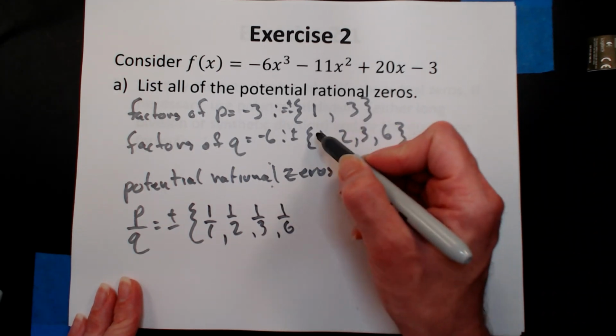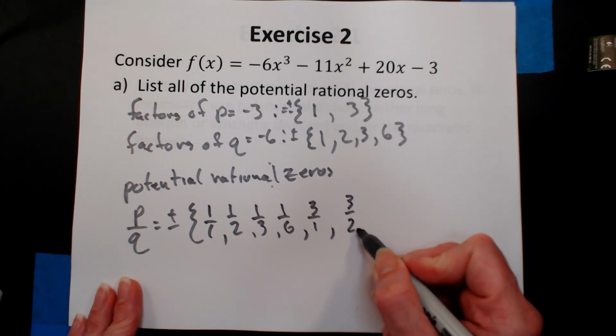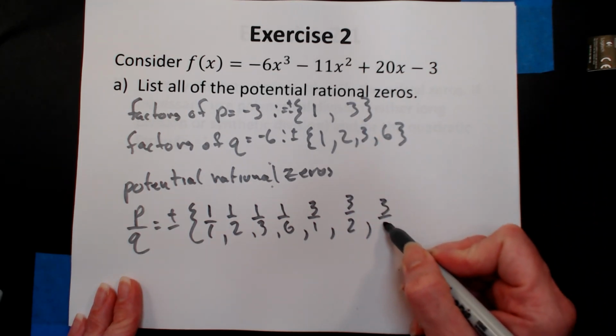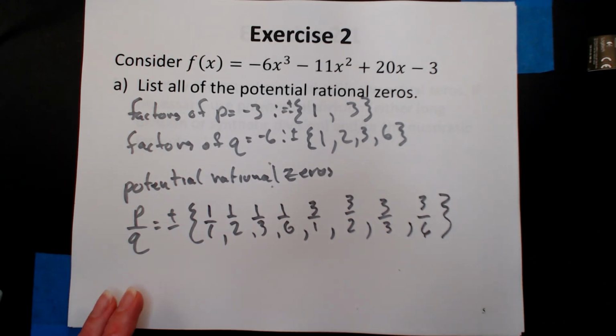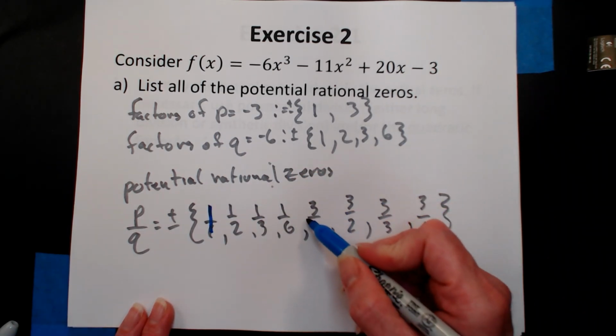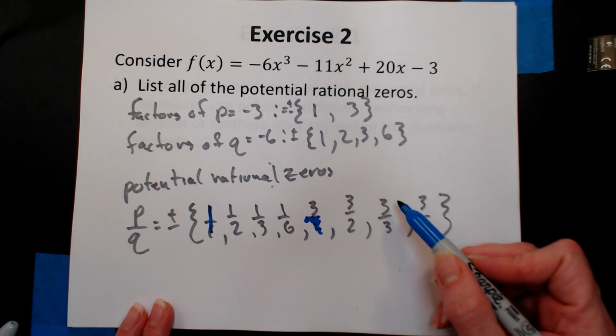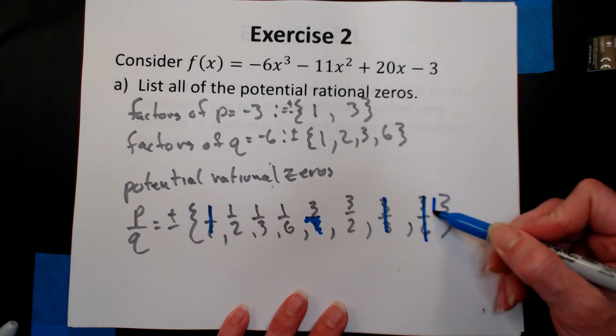Next, we're going to have 3 over 1, 3 over 2, 3 over 3, and 3 over 6. So that's my list, but we have repeats in here. This 1 over 1, we could rewrite as 1. This 3 over 1 we could write as 3. This 3 over 3 would be written as 1, and this 3 over 6 would be written as 1/2.